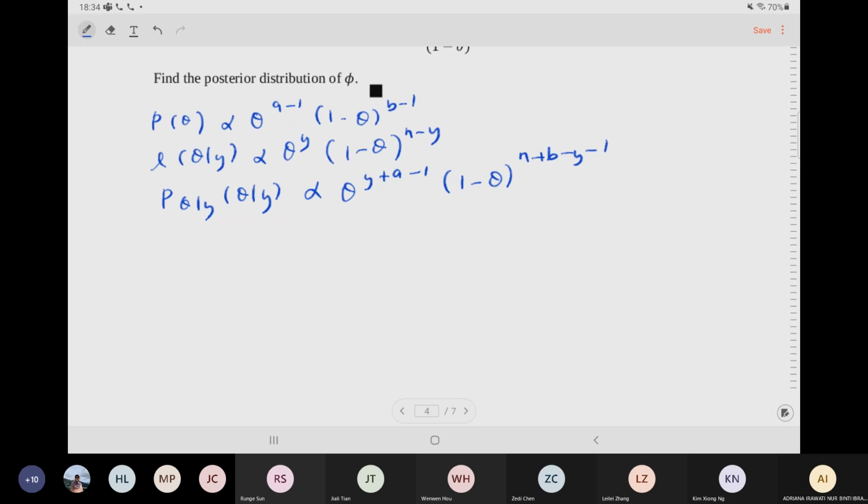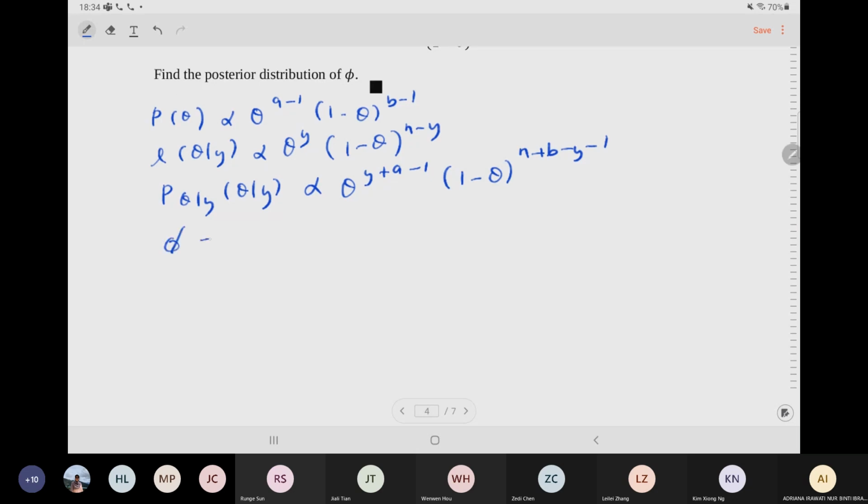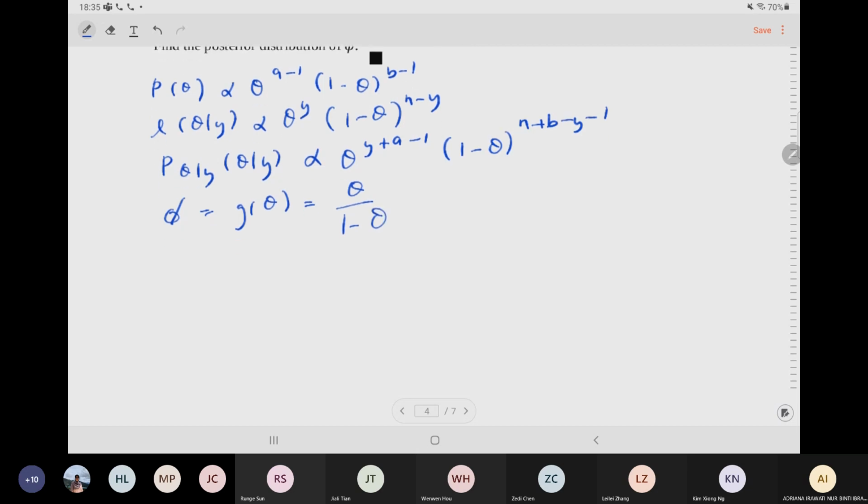Then we have our transformation, phi equals a function of theta, which is theta over 1 minus theta. Now this is your skill in maths: you have to move it around, and then you should get theta, which is G inverse of phi, equal to phi over 1 plus phi.